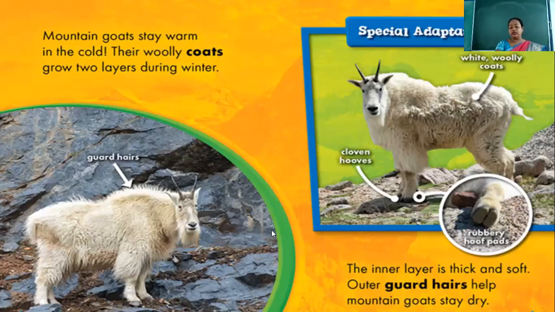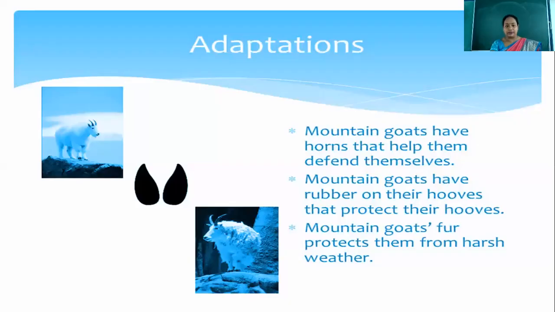And as we have already learned, the body color present in certain animals is just so that it can blend with the surroundings and then escape from the predators. Okay, then mountain goats have horns which help them to defend themselves.